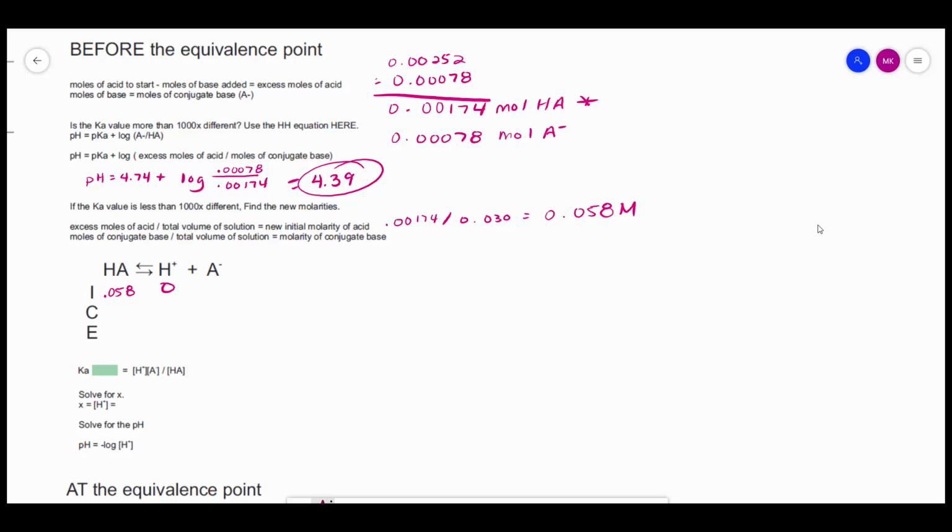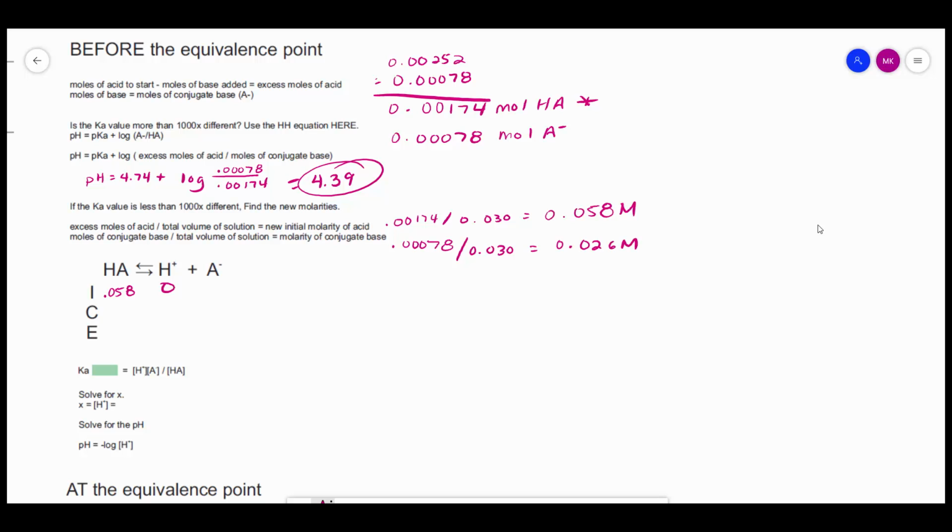I have none of this because I've consumed it. My moles of conjugate base were the same as the moles of the strong base. I'm going to divide that value by my total volume: 0.12378. So I get a molarity of conjugate base of 0.026.